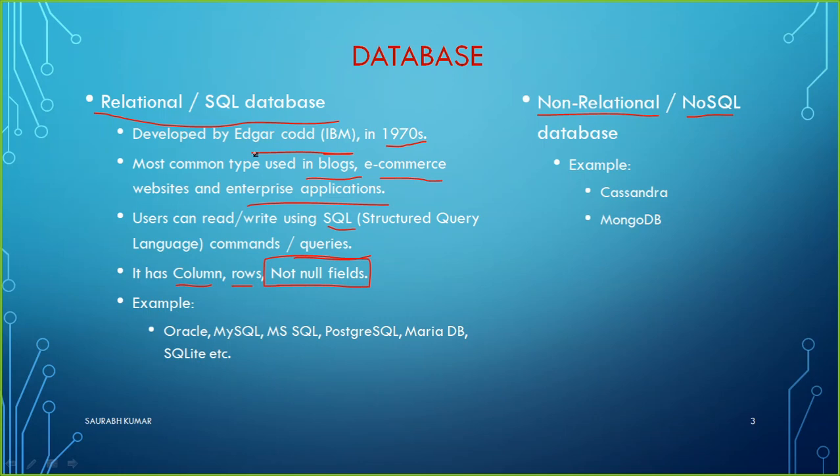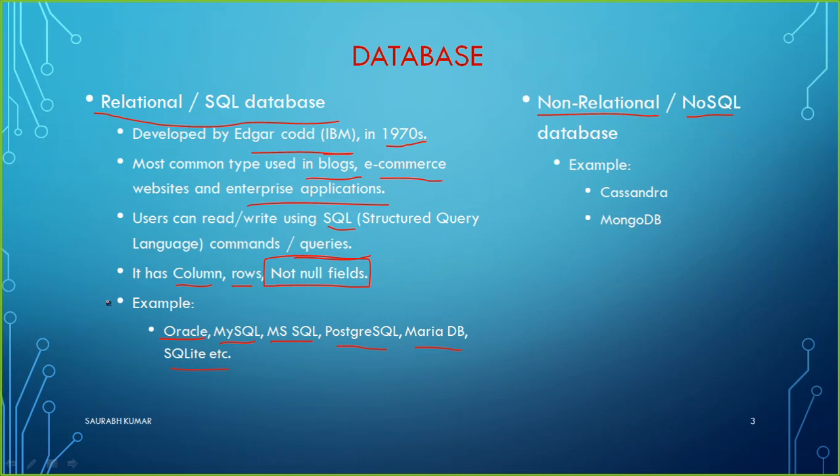Some examples of relational databases are Oracle, MySQL, Microsoft SQL Server, PostgreSQL, MariaDB, and SQLite. These are all examples of the relational type of database.